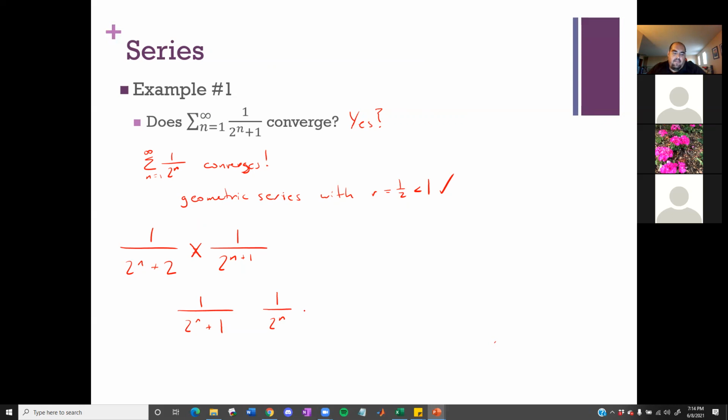So 2 raised to n plus 1 should be like 2 raised to n plus a constant. And I don't think you're going to get a constant, some value, like it's changing, but it's still some value.